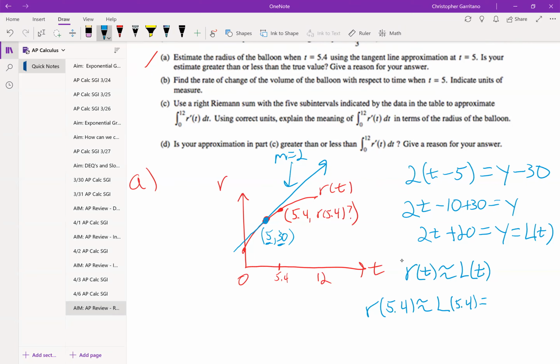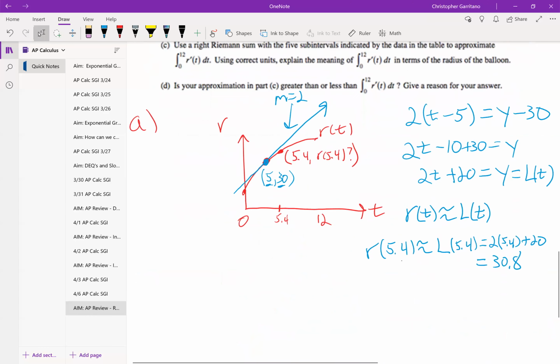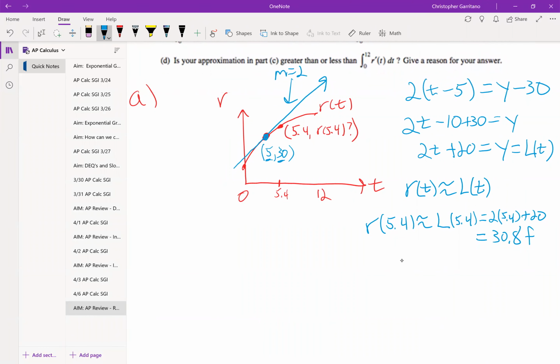And L of 5.4 is just 2 times 5.4 plus 20, which is 30.8, I believe. And then we should include units. So this represents the radius of a balloon, and radius is being measured in feet. So 30.8 feet. So r of 5.4 is approximately 30.8 feet in this case.